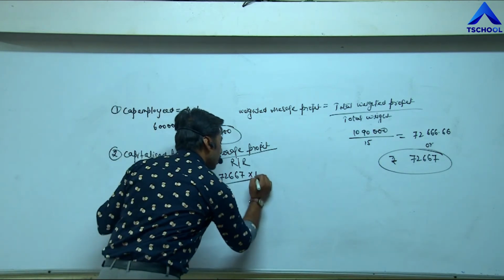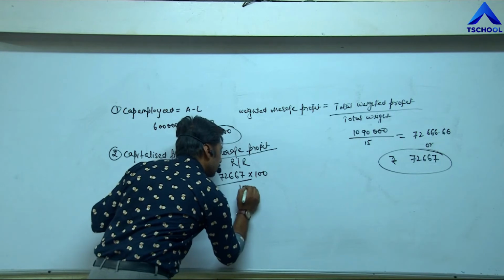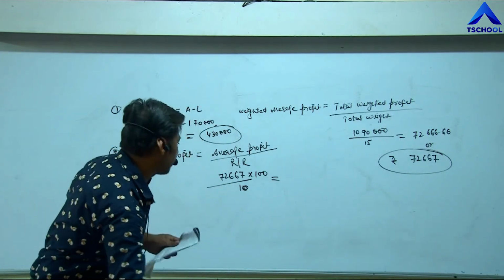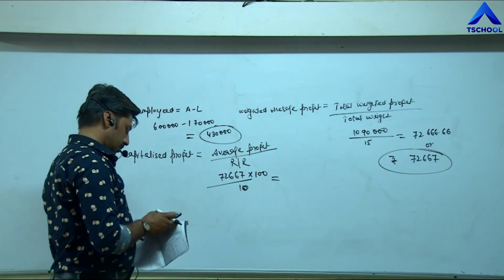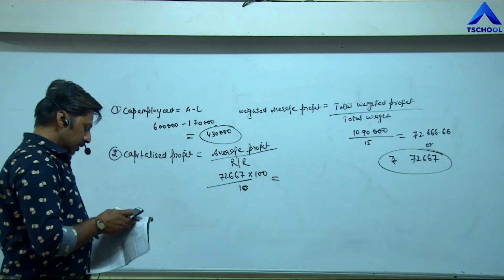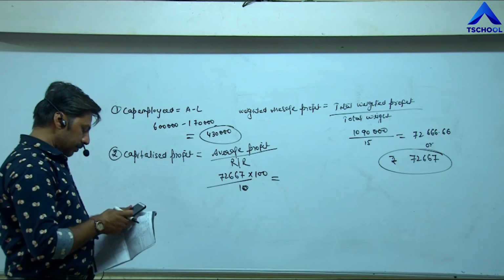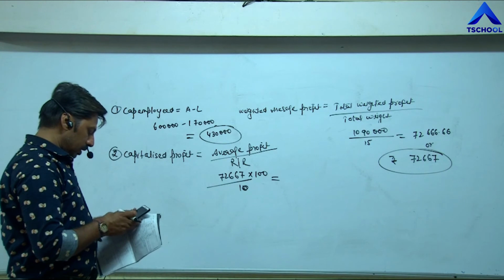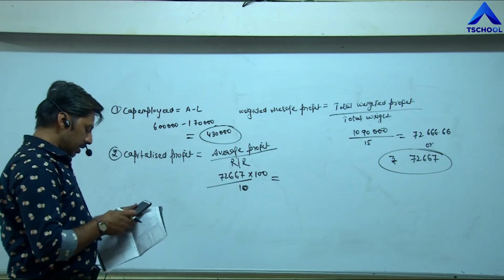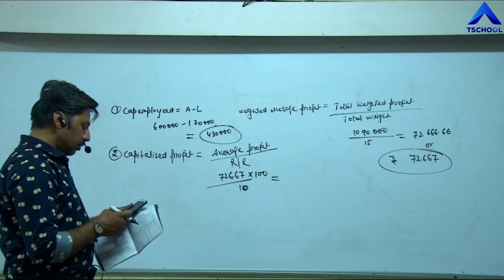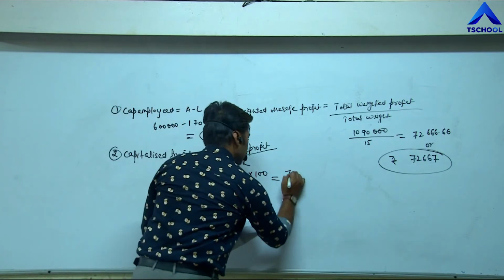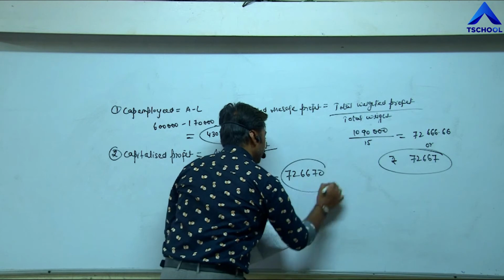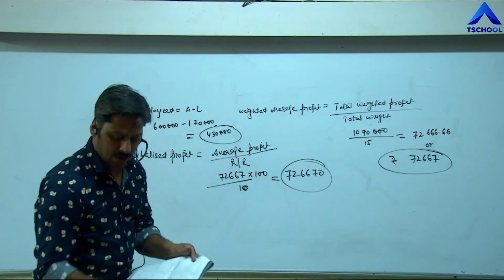So 72,667 into 100 divided by 10 is equal to 7,26,670. This is capitalized profit.